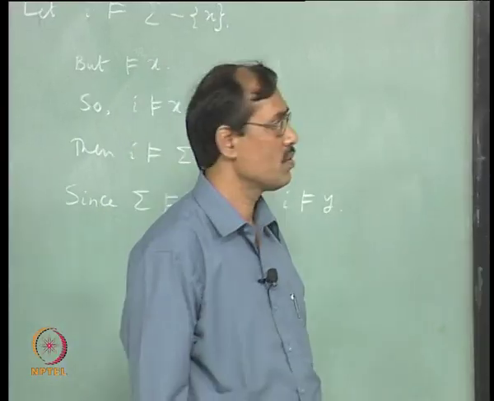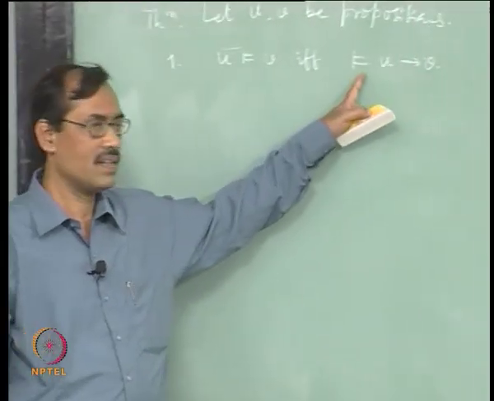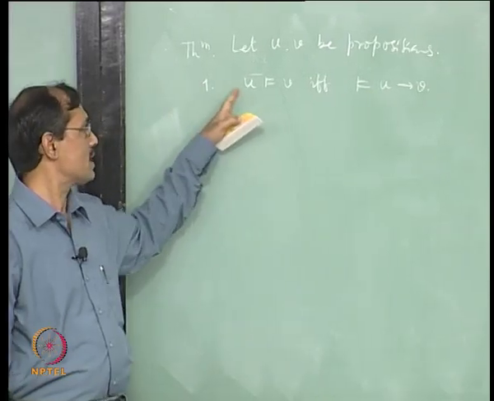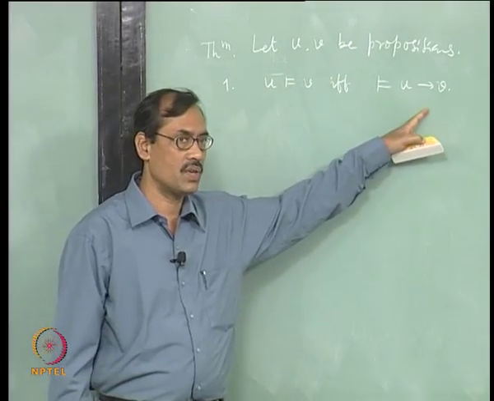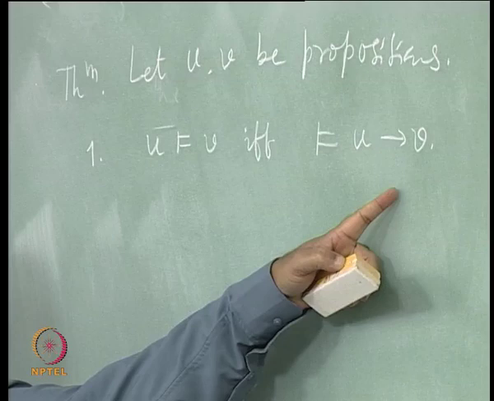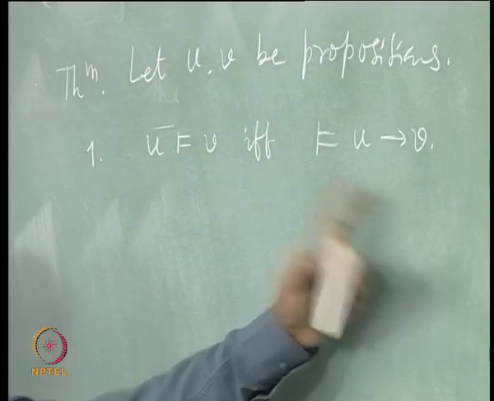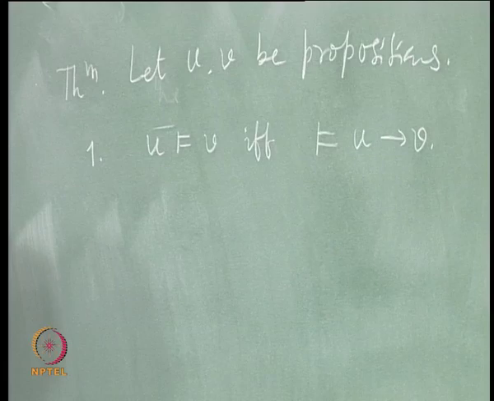This is the reason we are interested in validity, though valid propositions are redundant, because these entailments can also be seen as valid propositions. Of course, not the same proposition, it is a different proposition, but it can be reduced to checking for validity. Fine. Now, how do we prove this?